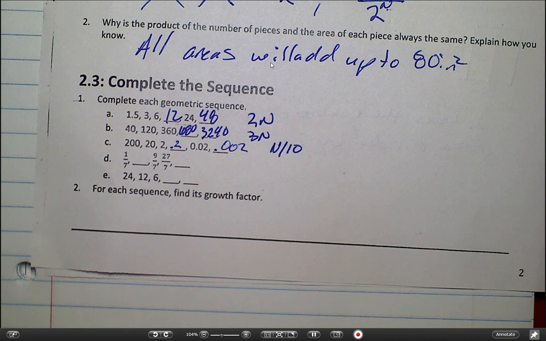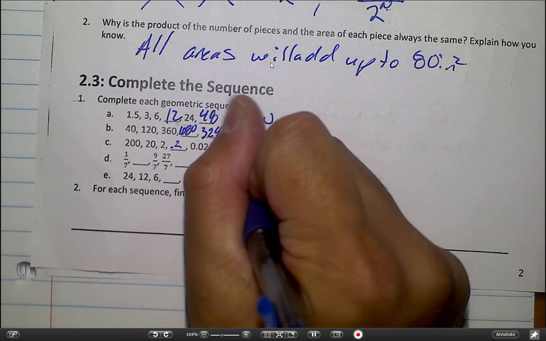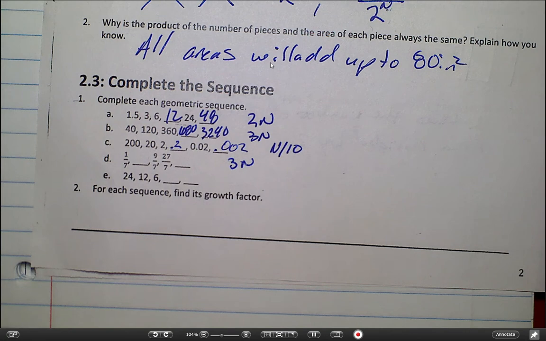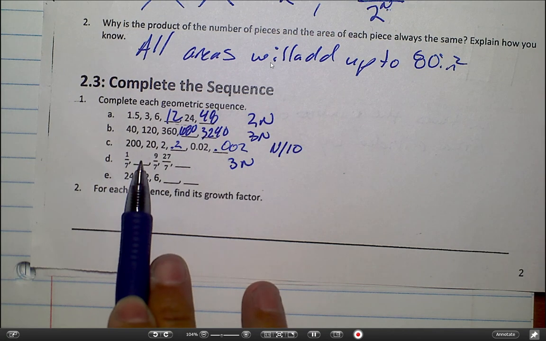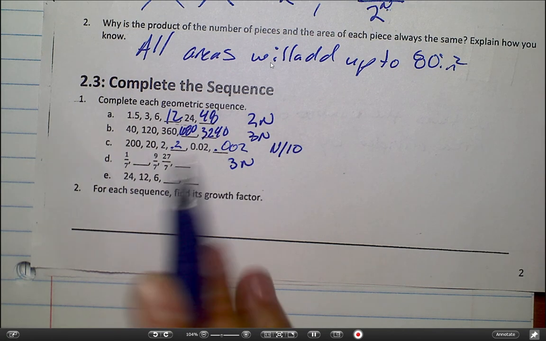D is a good one. Fractions are your friends, not food. What is it? 3n. So my missing one here is 3 over 7.